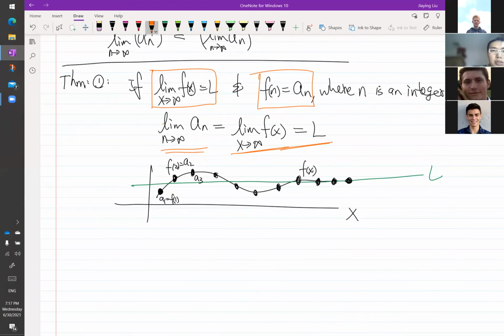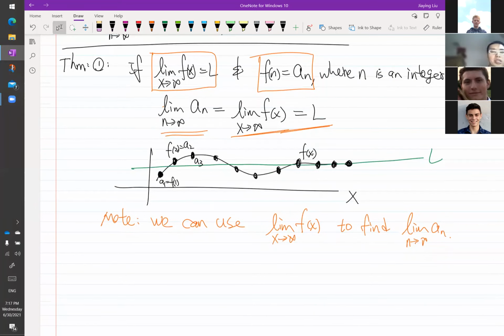So note, we can use the limit as x goes to infinity of f(x) to find the limit of the sequence, the limit as n goes to infinity of a_n. So that's the benefit of this theorem. I'm going to show you one or two examples on this.